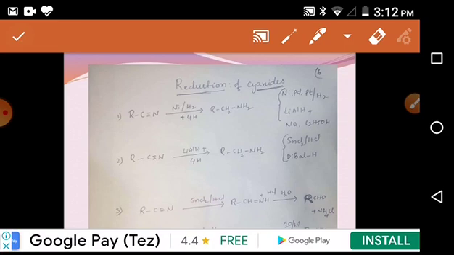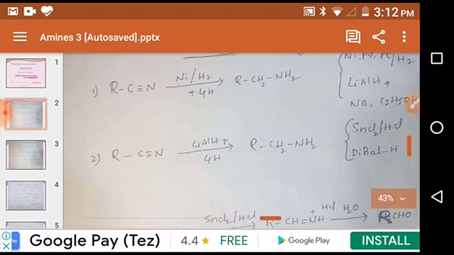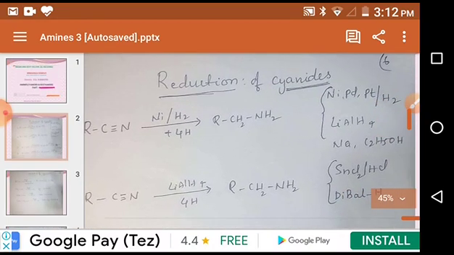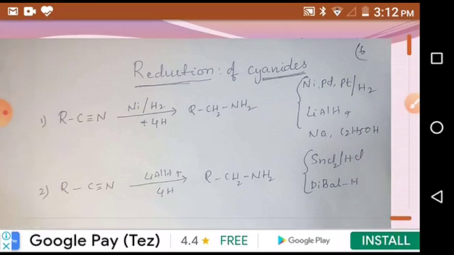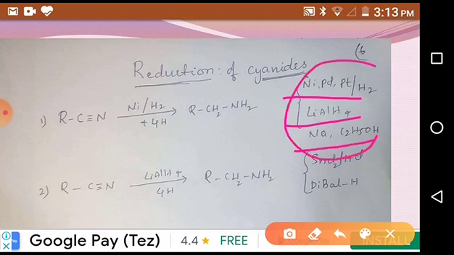Reduction of cyanides. Generally, these are the different reducing agents we use: nickel or palladium or platinum with hydrogen, lithium aluminum hydride, and sodium metal in ethanol. These three reducing agents reduce the cyanide group completely into amines.